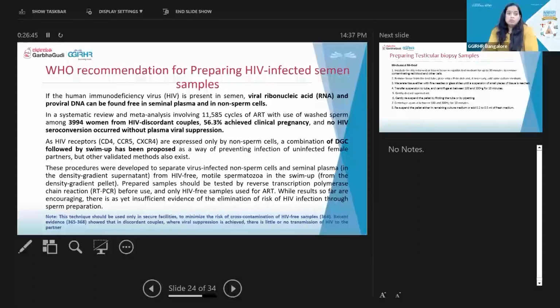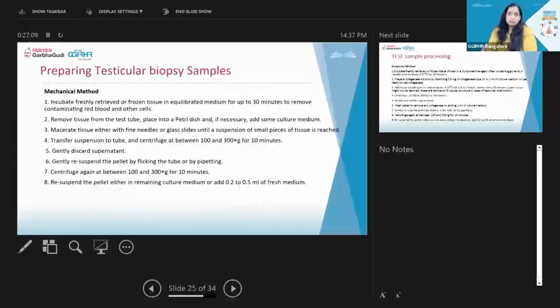So this method can be used, but in case of HIV samples or seropositive cases, you should take utmost precautions to handle such cases, to minimize the risk of cross-contamination of the HIV samples, to protect the people handling these cases, and also not to infect the partner after this procedure.